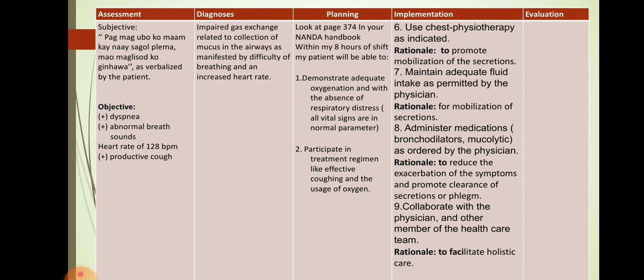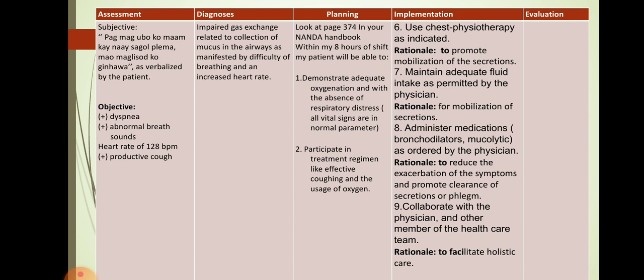Okay? So, ang ato ang implementation, it should start from independent, dependent, and collaborative. Okay? Why do we need to perform chest physiotherapy? Of course, to promote mobilization of the secretion. Since our ultimate problem is the presence of obstruction due to the increasing phlegm or increasing secretion nga na experience sa client, right?